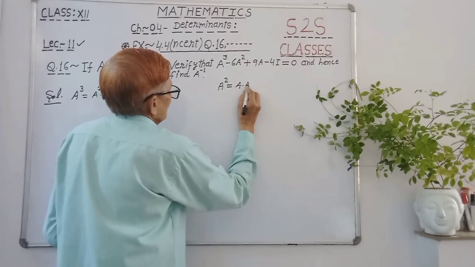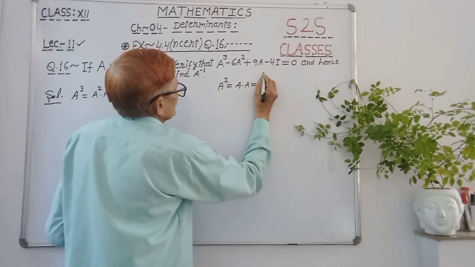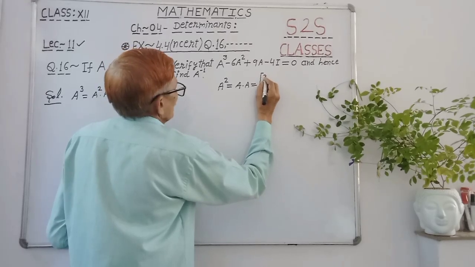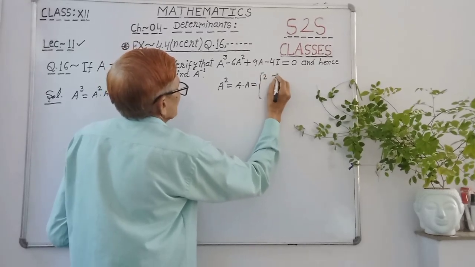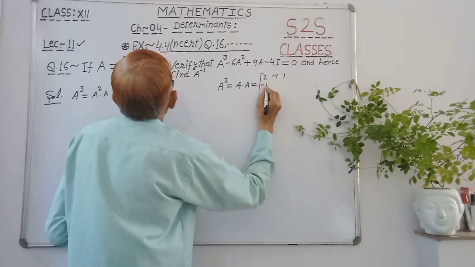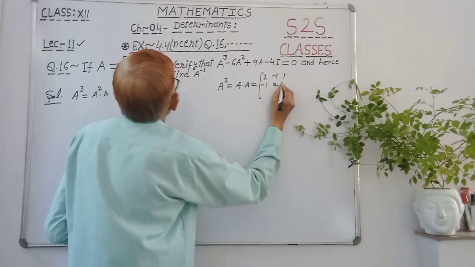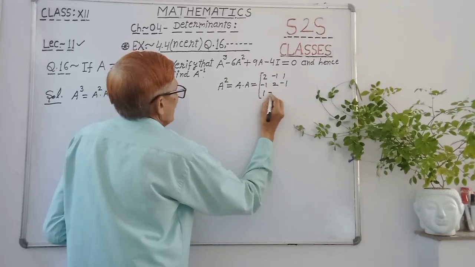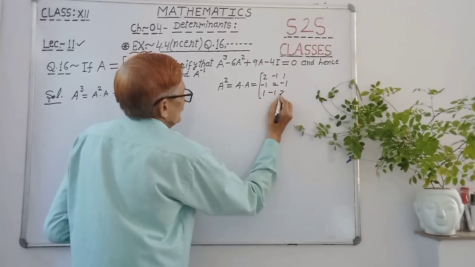A into A means the 3 by 3 matrix 2, minus 1, 1, minus 1, 2, minus 1, 1, minus 1, 2 multiplied with the same matrix 2, minus 1, 1, minus 1, 2, minus 1, 1, minus 1, 2.